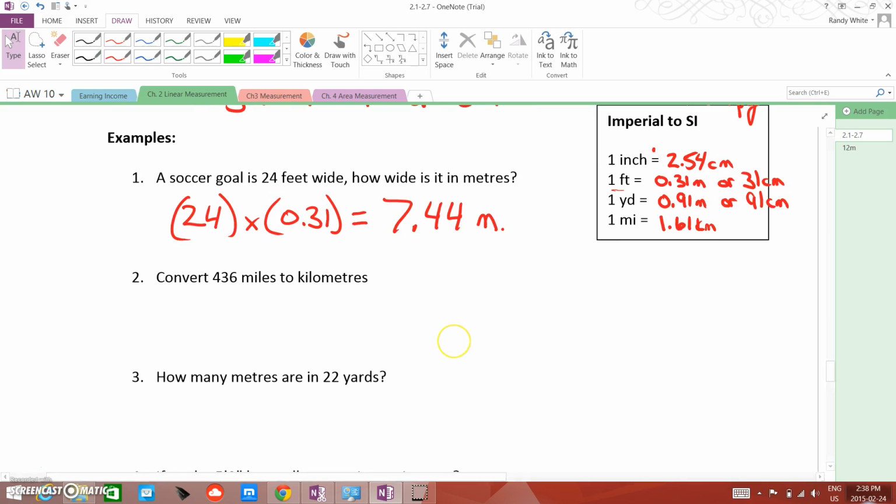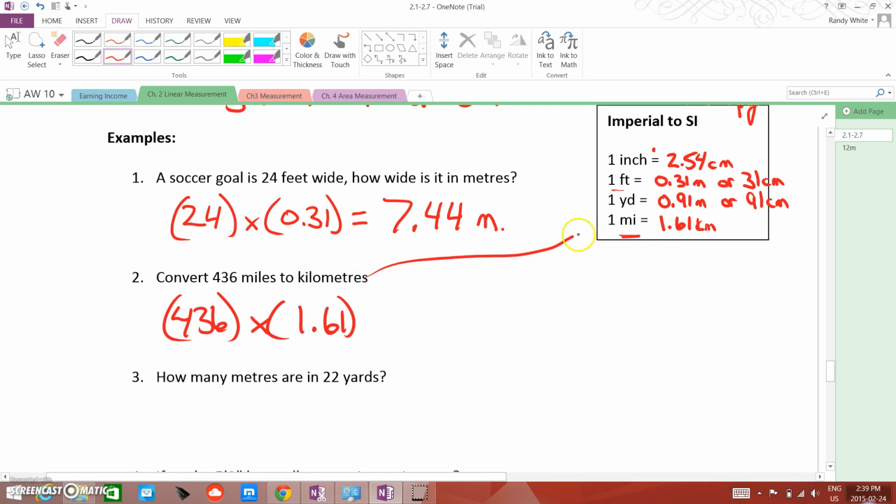Let's take a look at number 2. Let's convert 436 miles to kilometers. Well, 436 miles, we're going to multiply by 1.61, which is our unit up top here.